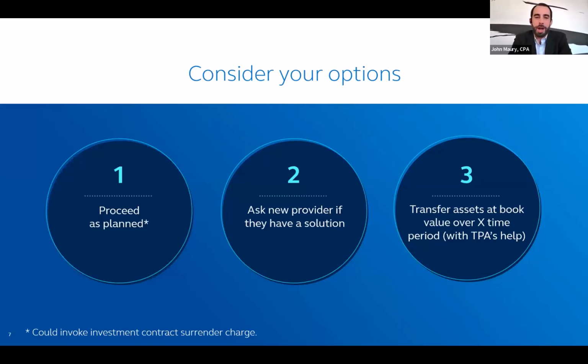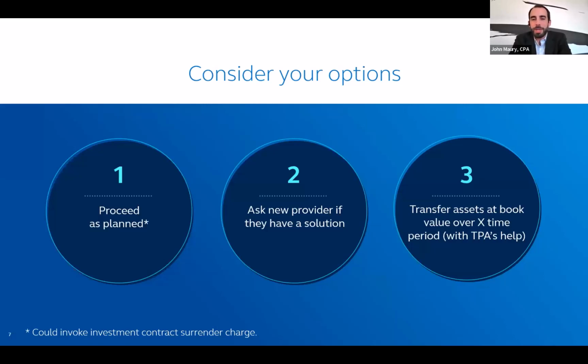So depending on the contract, sometimes that can work, but sometimes contractually the market value adjustment could still apply. So that's option number one: proceed as planned, and see if there are ways you can sidestep it without any other issues. Option number two, ask a new provider if they have a solution.